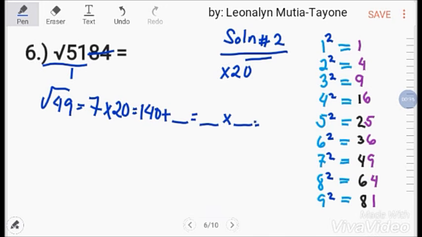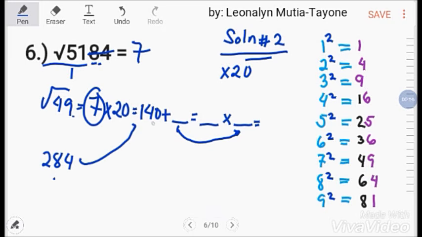Multiply by equals. Dapat ito, pariho siya. So, may 7 na tayo. 51 minus 49. And that is 2. Tapos, ibaba mo yung 84. So, 284. 284 divided by 140 para maka-estimate ka kung ano ang ilalagay mo dito.